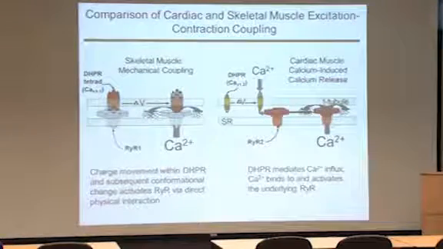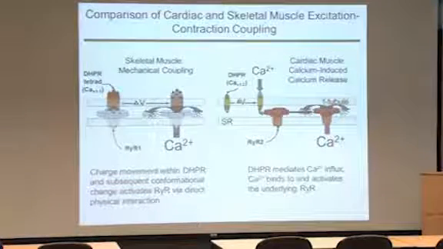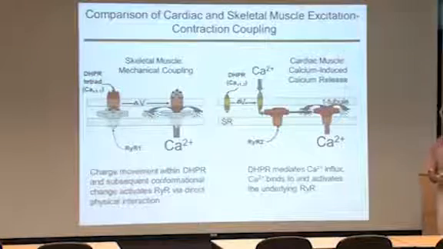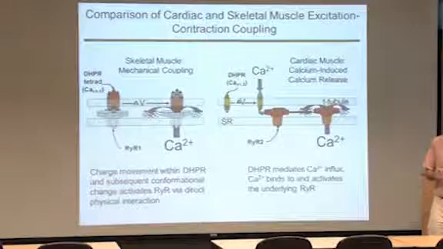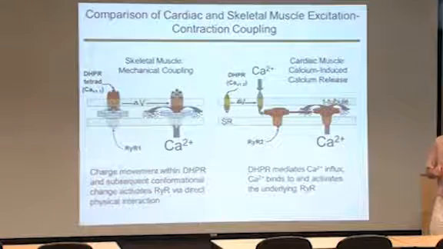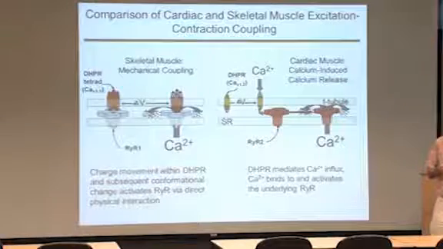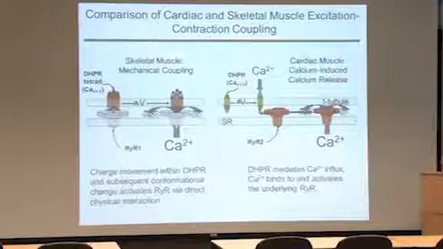The question then became, well, how are these uncoupled channels opened? There are two possibilities. One is if you look at the architecture of the triad or the face of this SR, you see kind of a checkerboard pattern of ryanodine receptors. So the channels actually contact each other at the corners. They're kind of mushroom shaped or square shaped, so at the corners they actually contact each other.